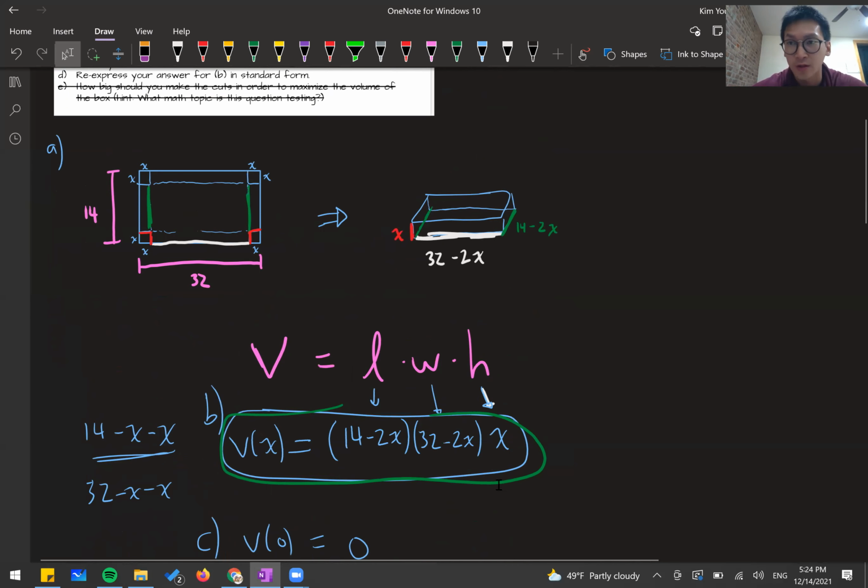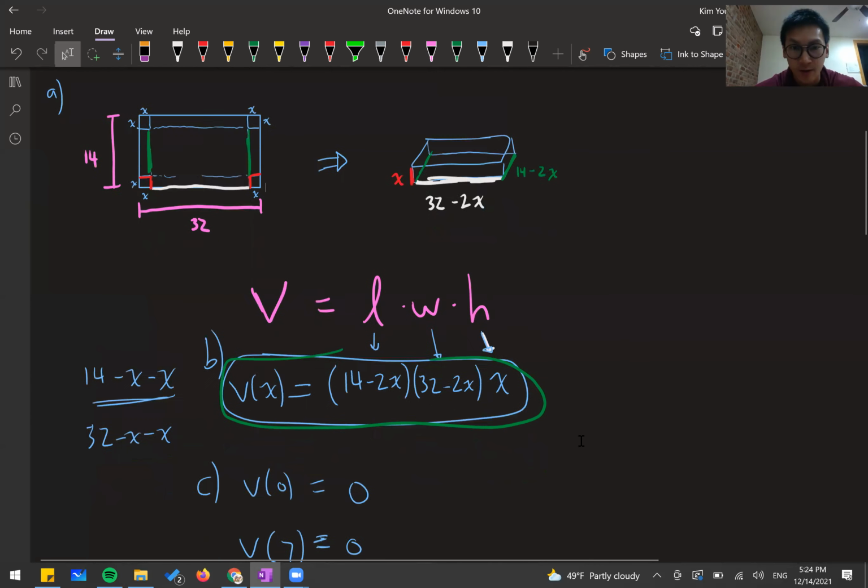So here you would do FOIL, and then after you get an answer for that, you're going to distribute this x term into the inside. It's going to turn into a trinomial. Then after you do that, rewrite the expression in descending powers, from highest to lowest, left to right.